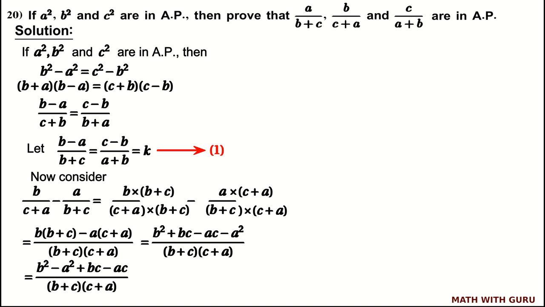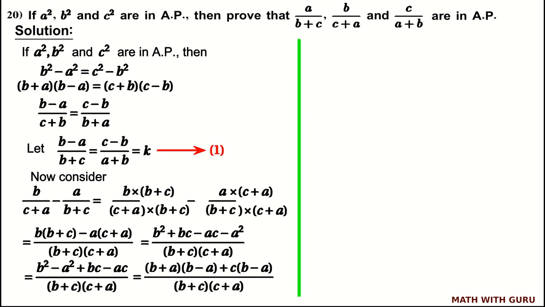Let us rearrange the terms in the numerator. b squared minus a squared plus bc minus ac divided by b plus c into c plus a. Now, b squared minus a squared can be factorized as b plus a into b minus a. bc minus ac, c is a common factor, plus c into b minus a divided by b plus c into c plus a.